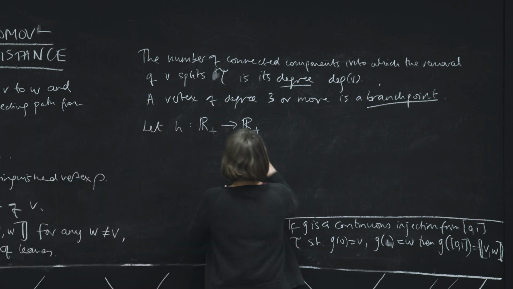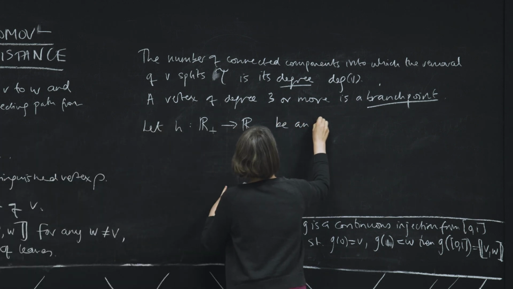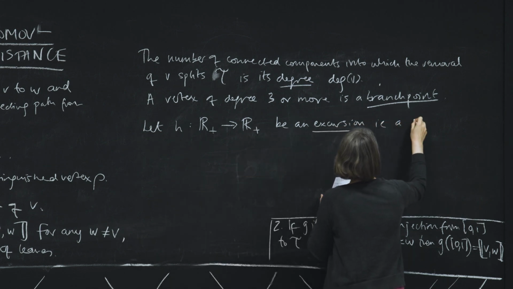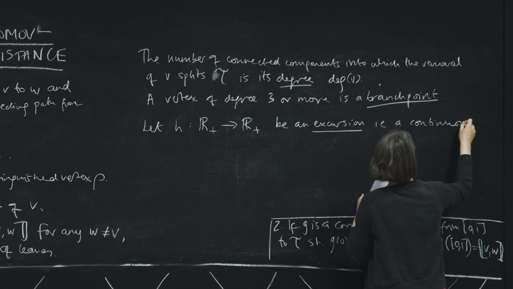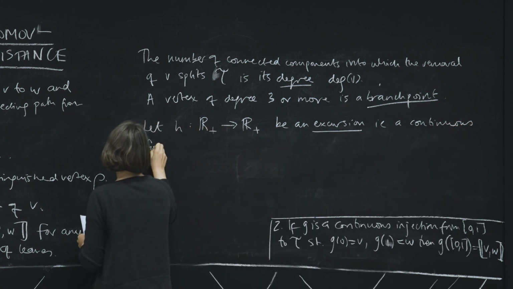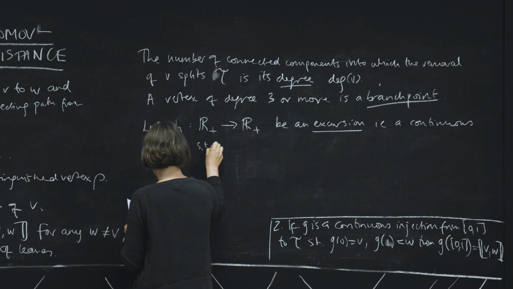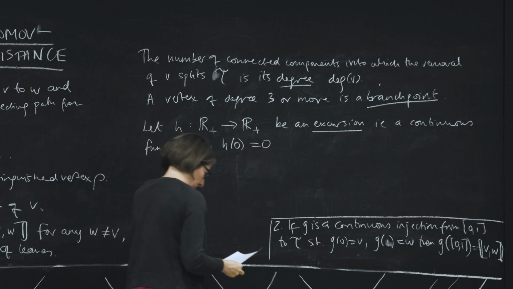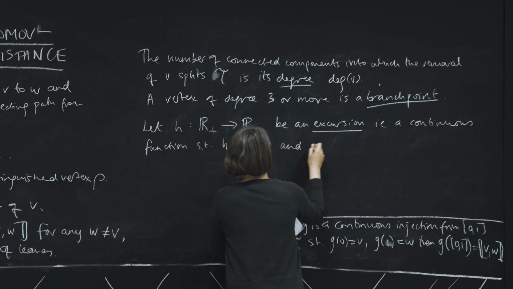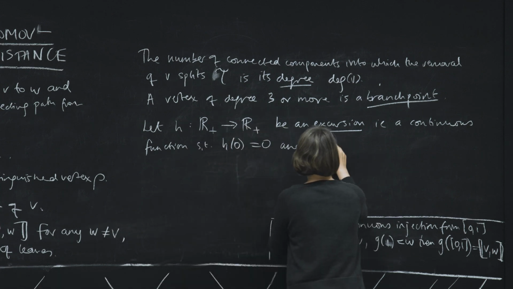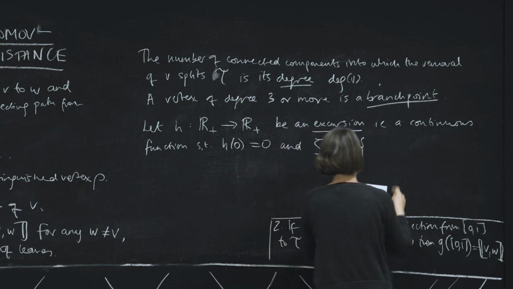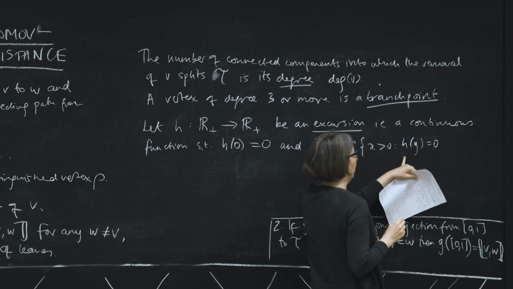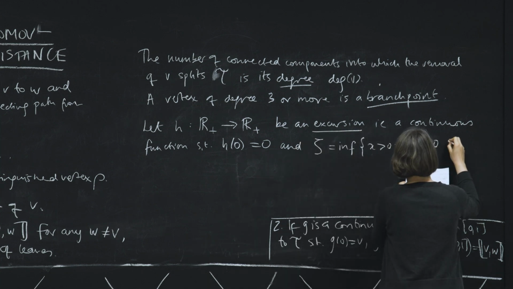So let H be an excursion, i.e., a continuous function such that it's going to start at 0, and I can define some zeta, which will be the first time that the function is 0 from x onwards.